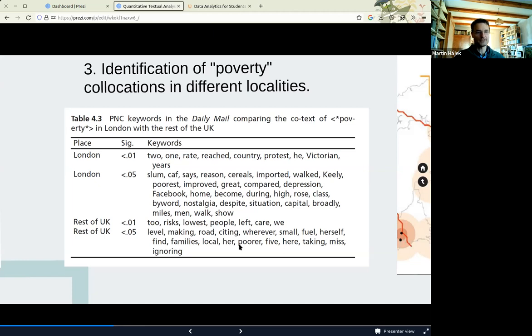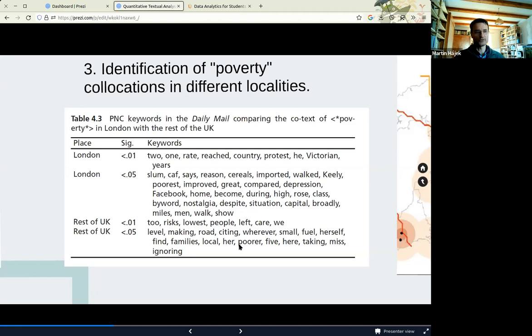And the difference is that for the right-wing newspaper, poverty is related mainly to the rest of the UK, not to London. And the people suffering poverty are in villages, in the countryside, not in London.